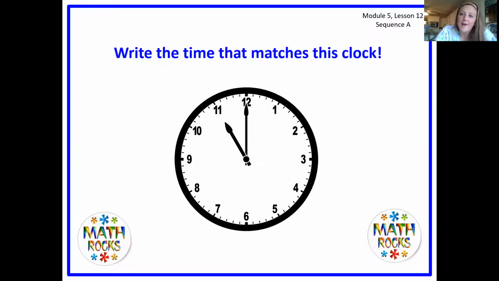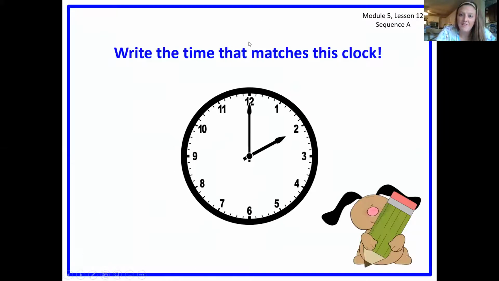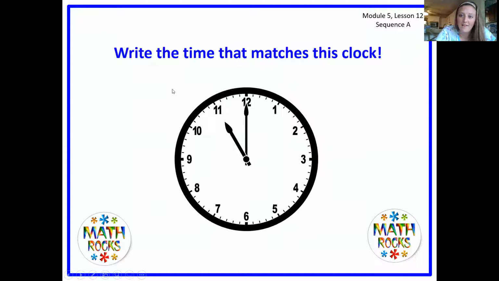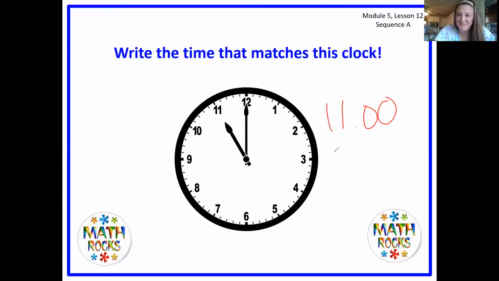So write the time that matches this clock. Look at the hour, look at the minutes, remember our song, and this is 11 o'clock right here, right? So it would look like 11 o'clock. Awesome.